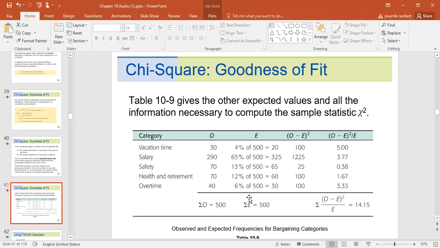It's less than alpha, so we reject the null hypothesis. There is enough evidence to reject the claim that the present workers have the same distribution of preference or motivation as the last year's workers. So you want to think about finding out what to do. Should you keep the same policy or should you change?